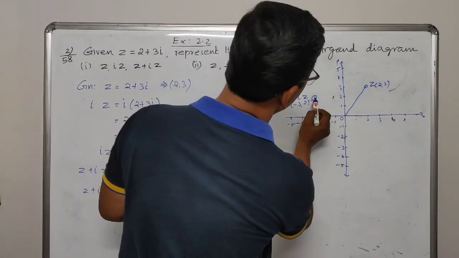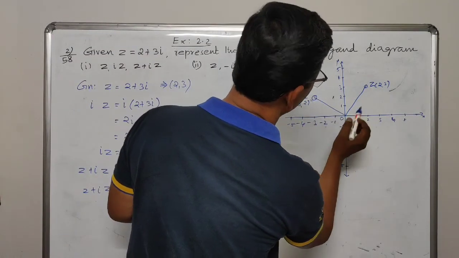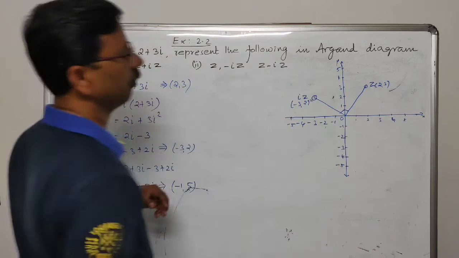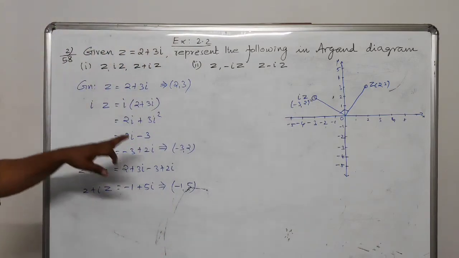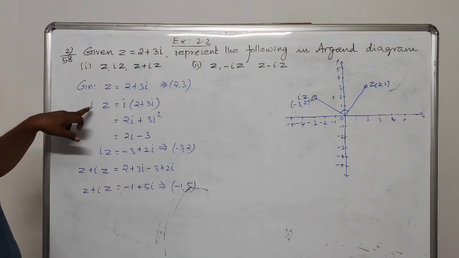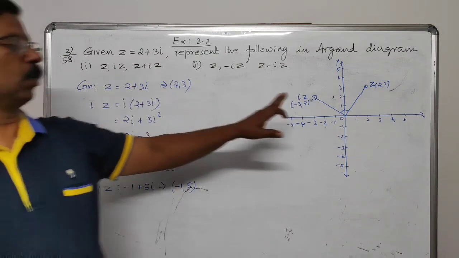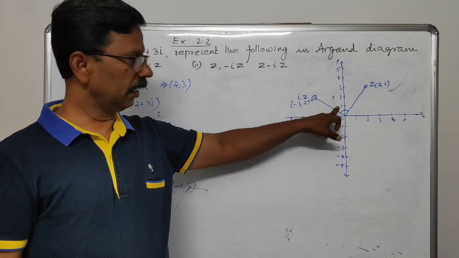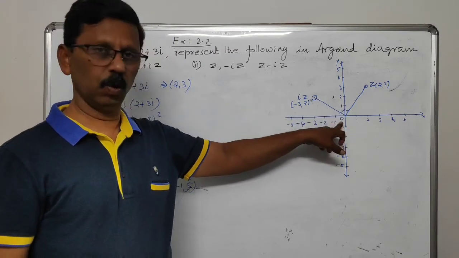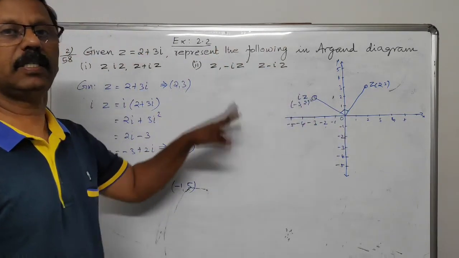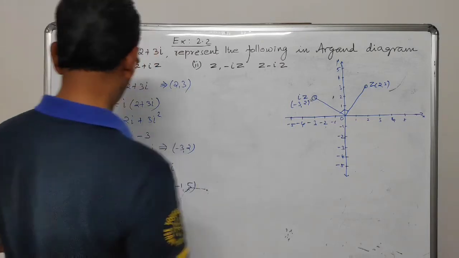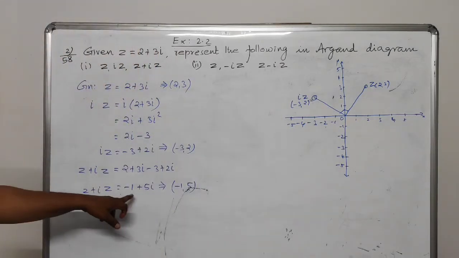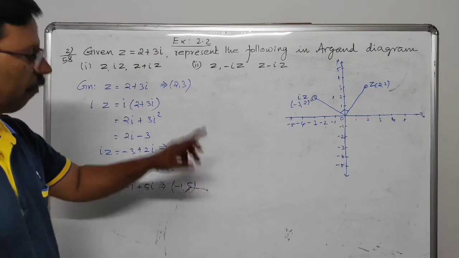Now if you join these things, definitely this angle will be 90 degrees, because we have already seen that if you multiply any complex number z by i, then this is the rotation of z by 90 degrees about the origin O in the anticlockwise direction. After that, you have to plot this z plus iz. There is minus 1, 5.